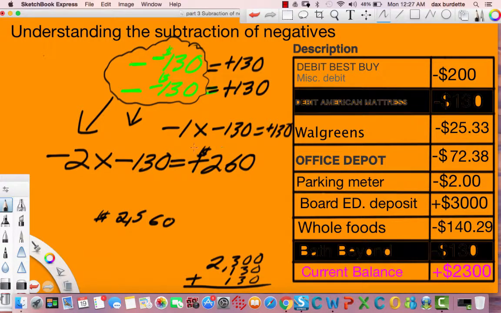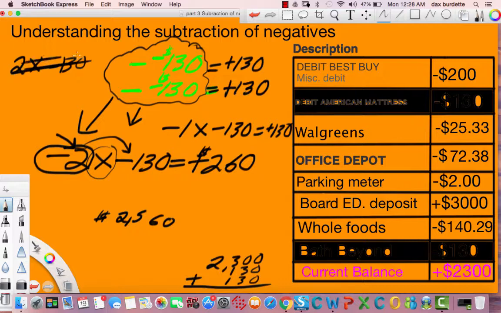Okay? So that is why, students say a negative times a negative is a positive, but you all should be saying why a minus times a minus is a positive. Saying a negative times a negative equals a positive really doesn't get students to understand what's going on. But from smaller grades, we should know that a multiplier tells you what to do repeatedly to what's over here. And this multiplier in this case is telling us to subtract, not to add. If it was telling us to add, it would say 2 times minus 130.